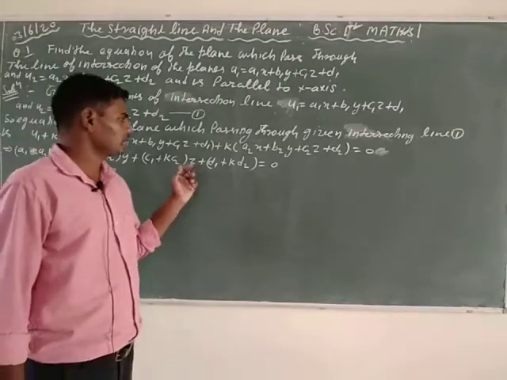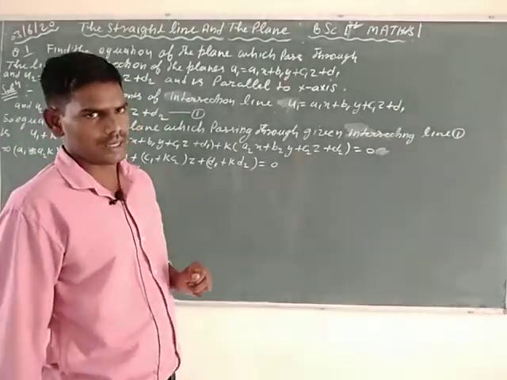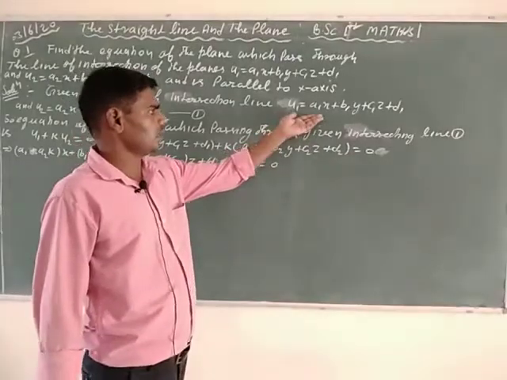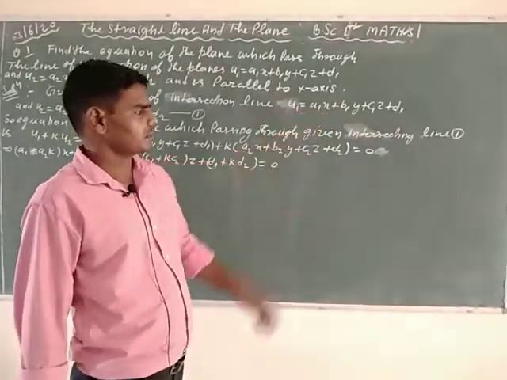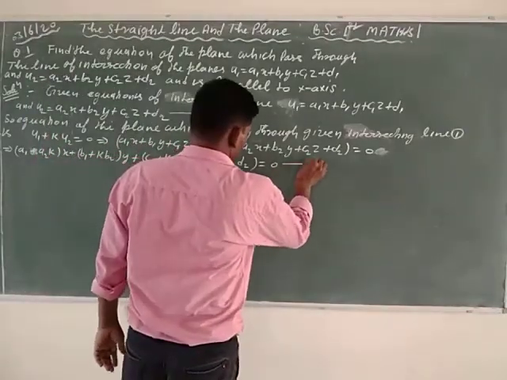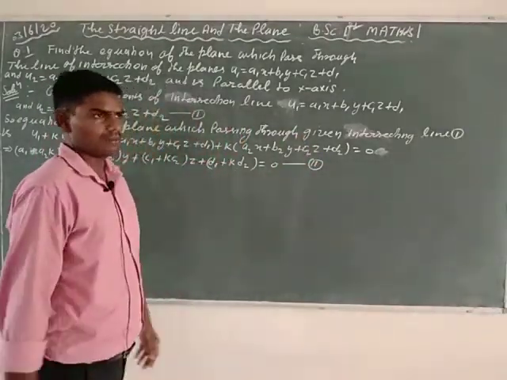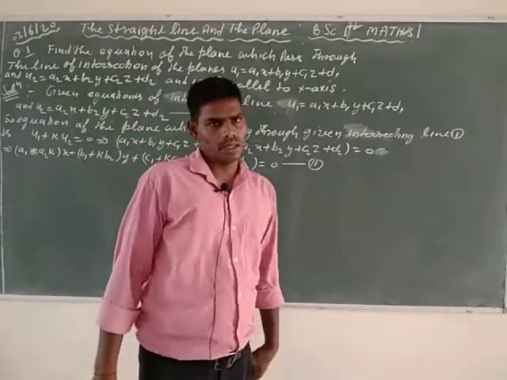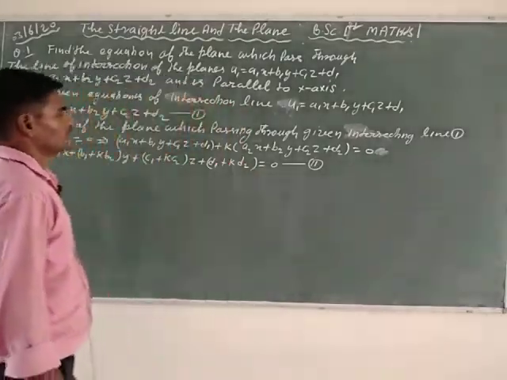So we find the value of k by applying the extra condition, and then put the value of k back into this equation, equation second, to get the equation of the required plane.